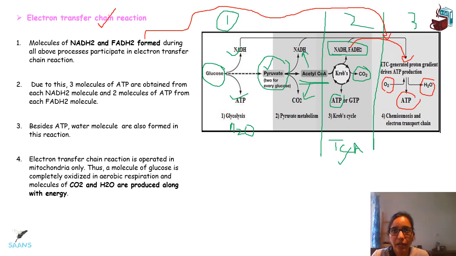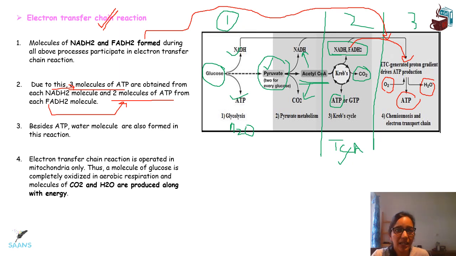So all that NADH2 and FADH2 that have been formed in the above processes, what do they participate in? They participate in this electron transfer chain reaction. Due to this, 3 molecules of ATP are formed from NADH2 each, and 2 molecules of ATP are formed from FADH2 each. So a lot of energy is released. How many? 3 for NADH2, 2 for FADH2.